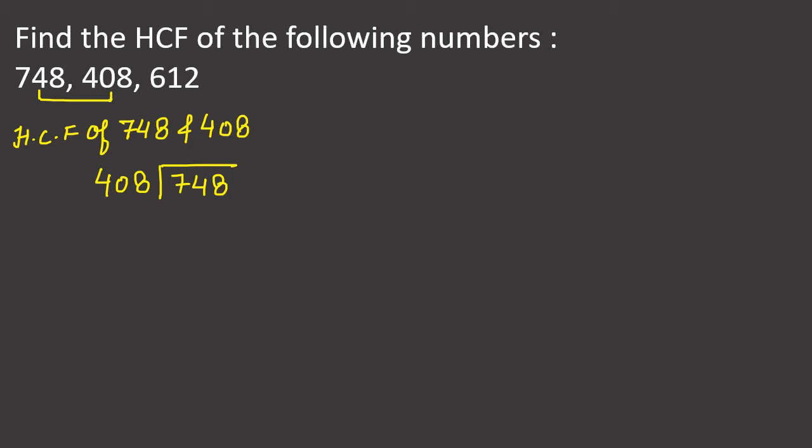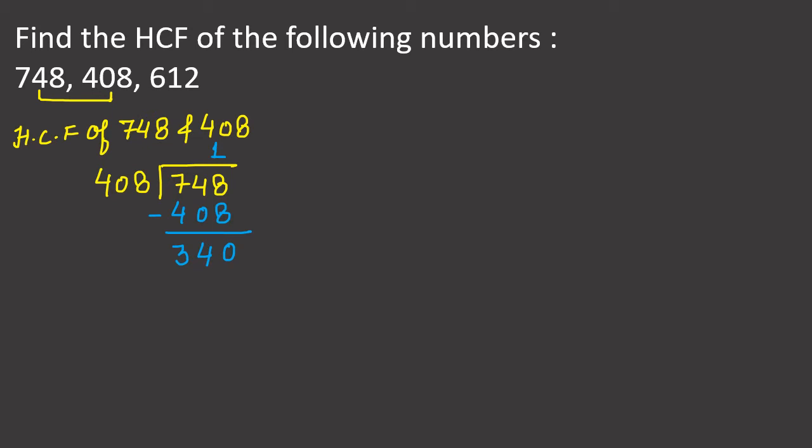Now divide these two numbers. 408 ones are 408. 8 minus 8, 0. 4 left and here 3 is left. Now 340 is the remainder.